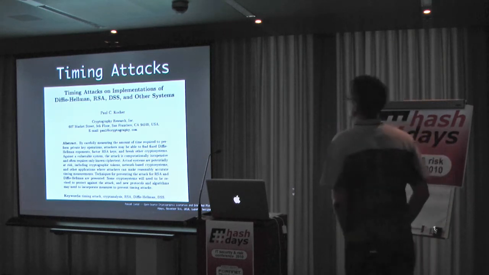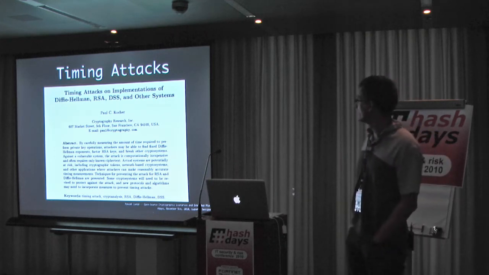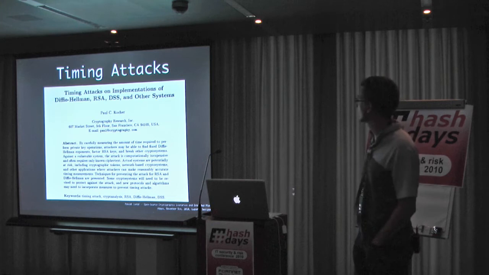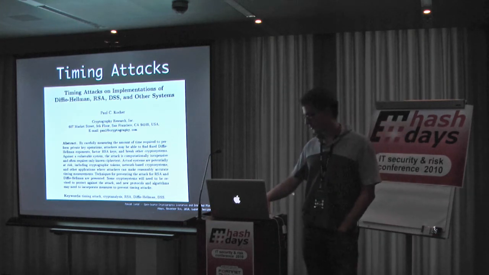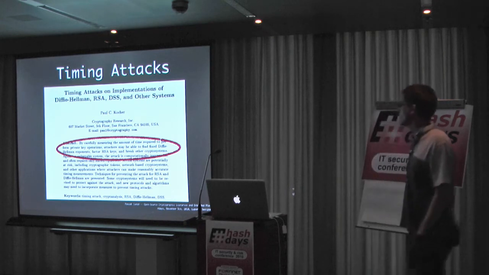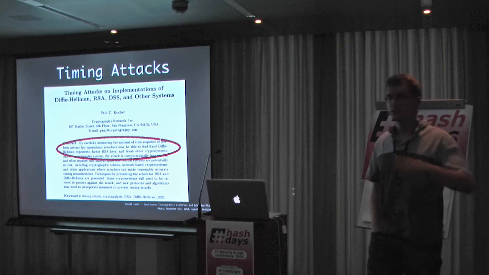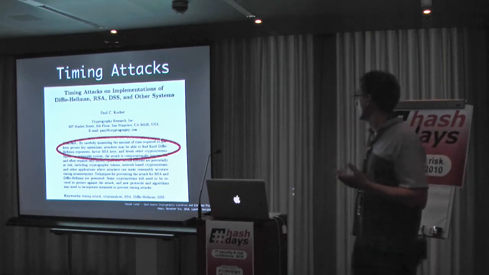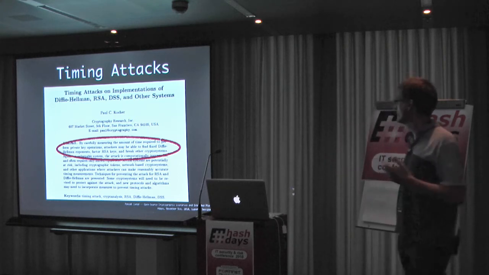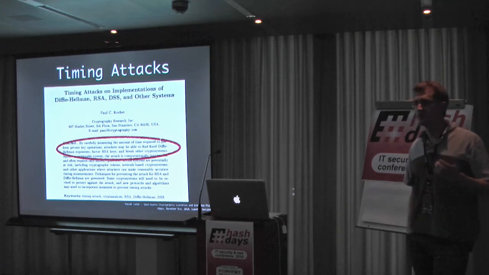And he presented a paper in a cryptographic conference implementing timing attacks against Diffie-Hellman, RSA, and other number-theoretic-based ciphers. And he said that by carefully measuring the amount of time required to perform private key operations, so operations involving some secret, attackers may be able to find fixed Diffie-Hellman exponents, factor RSA keys, and break other cryptosystems.